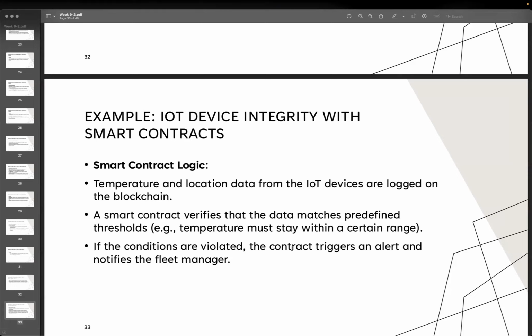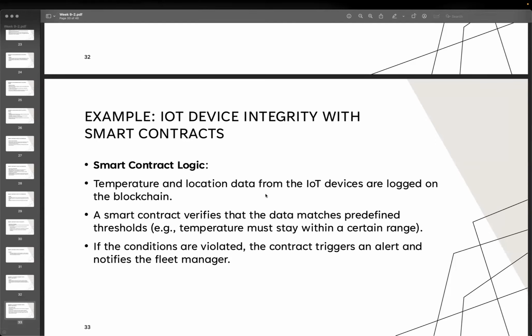Based on the smart contract and blockchain, they can receive a notice, which triggers and sends the alert automatically. So the smart contracts automate the whole condition monitoring better, and can also give a really good response to deviations. So we can ensure the integrity and security of the delivery process.